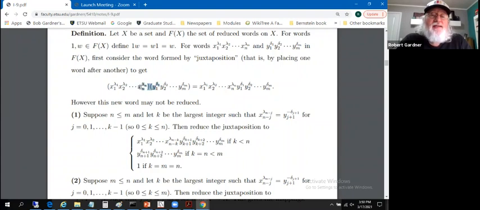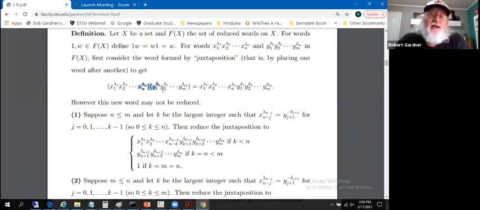So what they're saying is if these two terms are inverses of each other, it's actually said the inverse of the y is the x, is how it's written there. But these are inverses of each other, then we need to drop them because we don't have a reduced word if that's the case. Oh, and it could be j equals 1, the next pair, right?